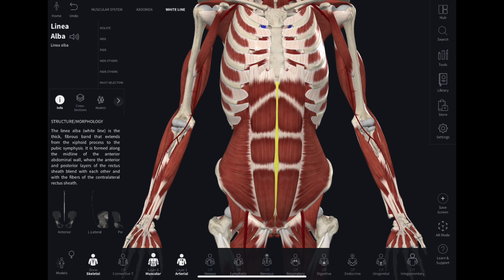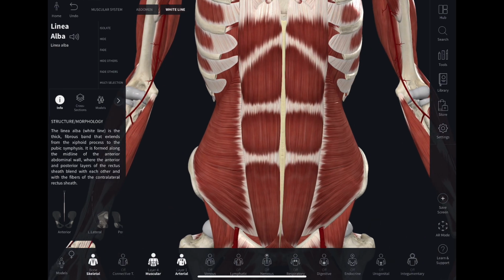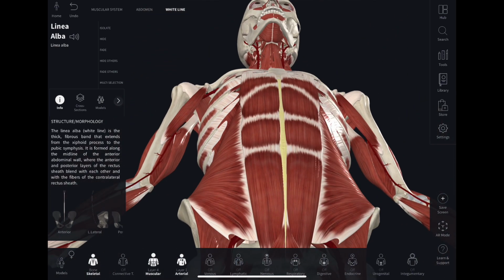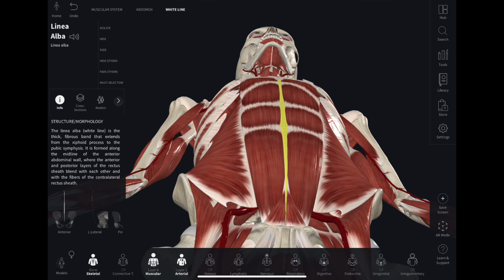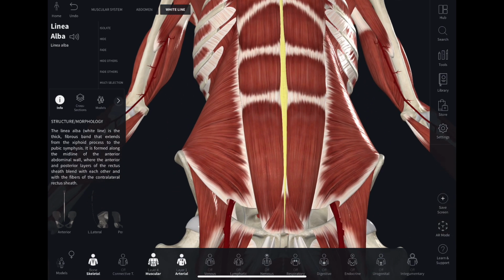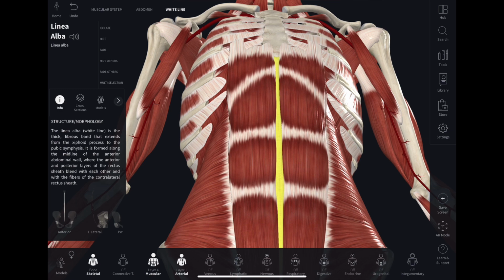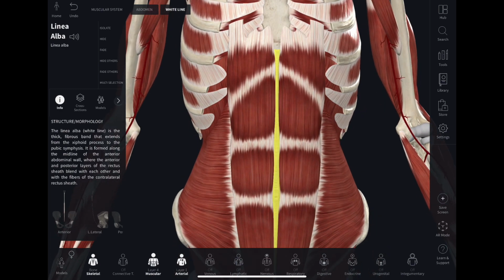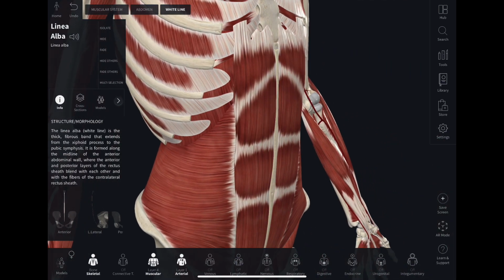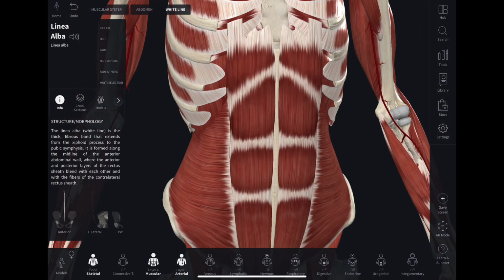So the linea alba is the tendon that runs up and down on the abdomen, or the rectus abdominis. You can see it right here. It runs from the pubic symphysis all the way up to the costal cartilages, right on the top, right on the sternum as well.